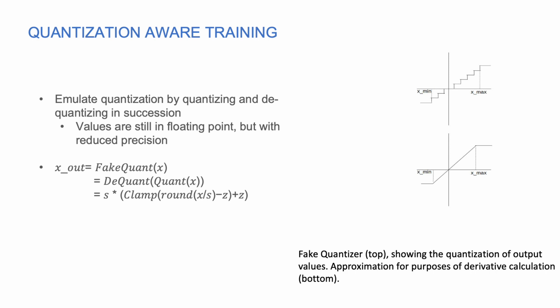The idea of quantization-aware training is that we're going to fine-tune the network in such a way that it learns how to give the correct answer when its inputs and weights have been quantized. So basically, we're going through fine-tuning or training for several epochs where we're touching up the weight values such that when they are later quantized, they're going to do a better job of giving the right result.